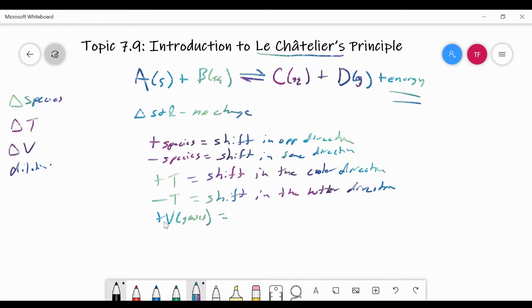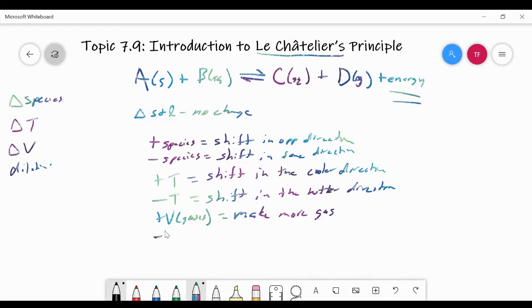So by increasing the volume, we're giving more space for gas to exist, and so the reaction is going to try to fill up that extra space with more gas. So the reaction would shift to the right in order to make more gas. Whichever side of the reaction has more gas on it, it's going to shift that direction. There's more gas on the right, so it would shift to the right to make more gas.